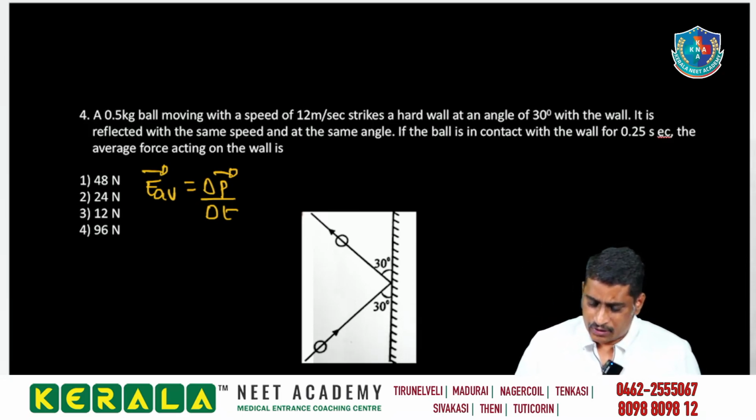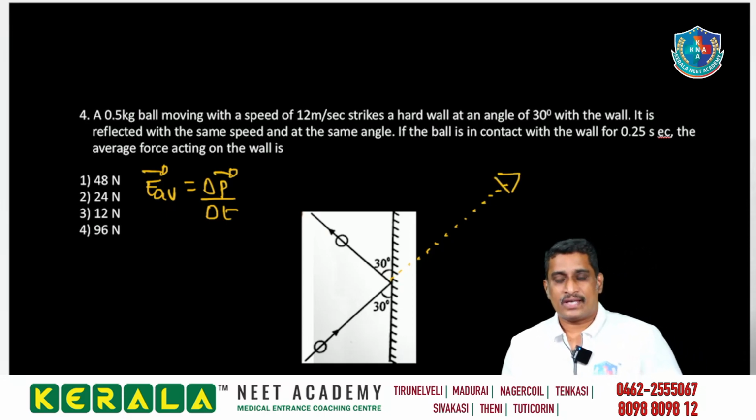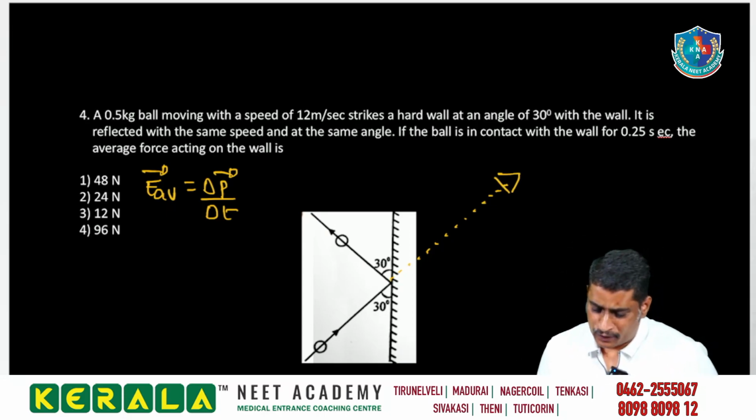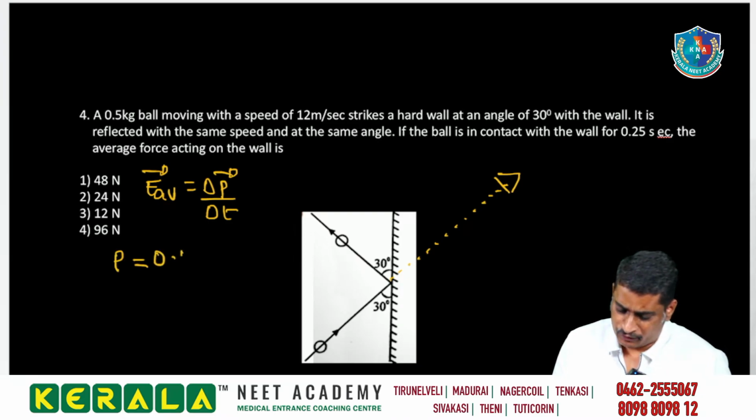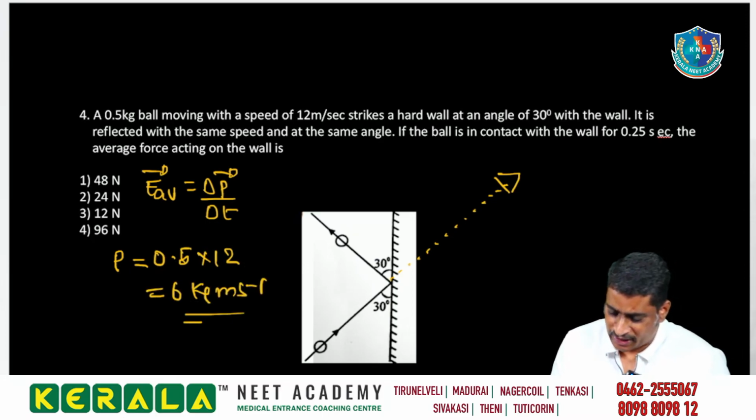If you look at this diagram carefully, this is the initial direction of momentum of the body. Here, the mass of the particle is given as 0.5 kg and the speed of the particle is 12 meters per second. Therefore, the magnitude of momentum of the particle will be 0.5 into 12, that is 6 kilogram meter per second.